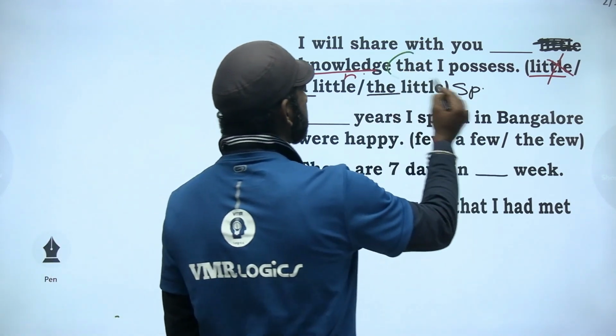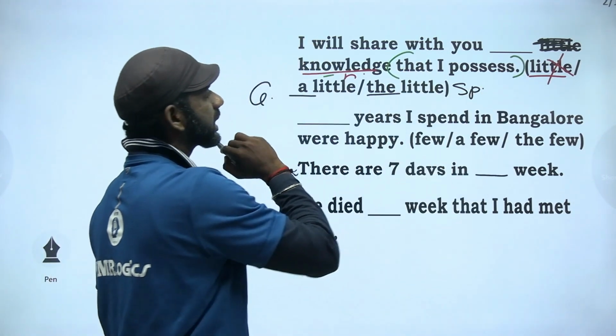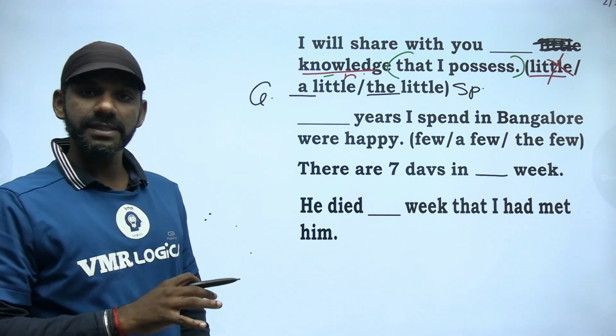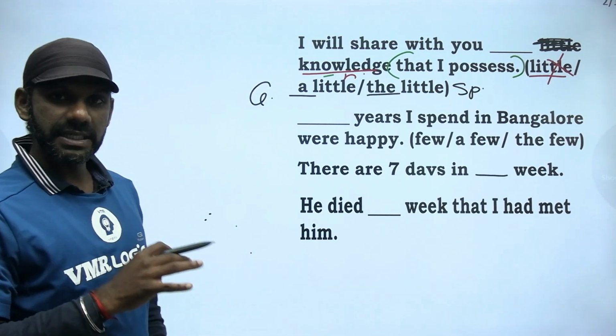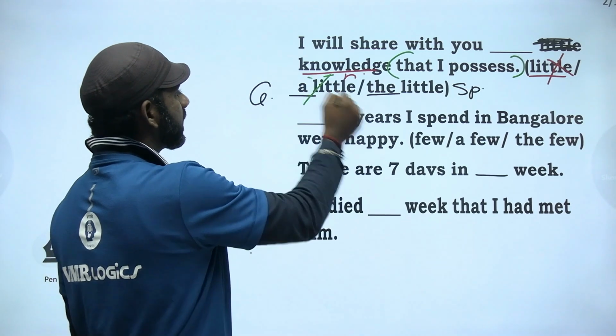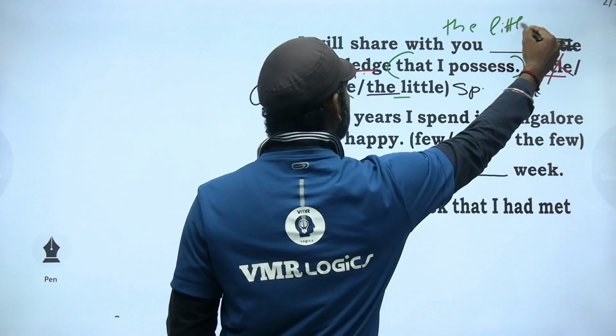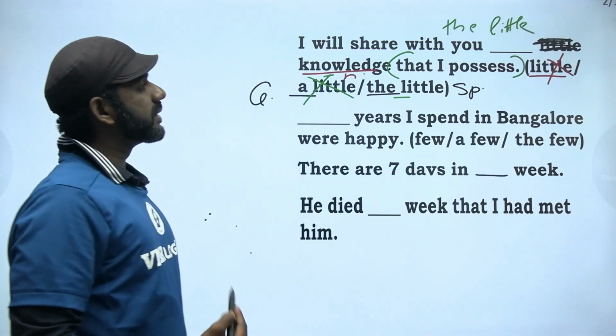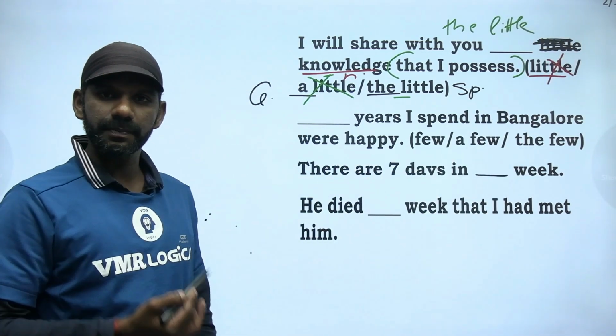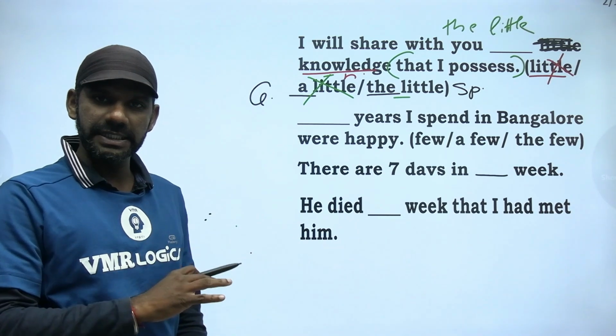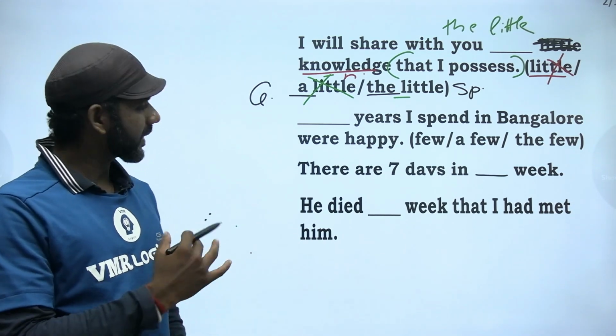So that I possess is the information given regarding the noun knowledge. So in this case, the noun knowledge must be taken as specific. Based on that, a little is eliminated. The answer must be the little. I will share with you the little knowledge that I possess. Now the whole statement is grammatically correct. It makes sense.